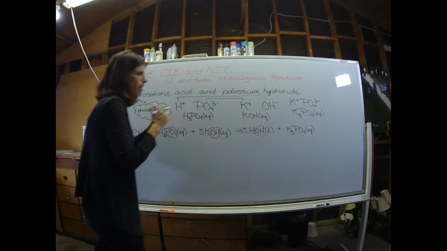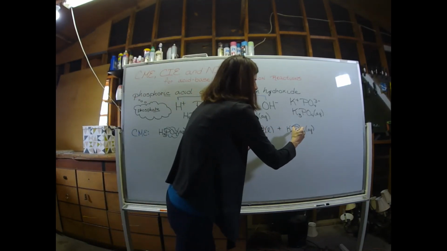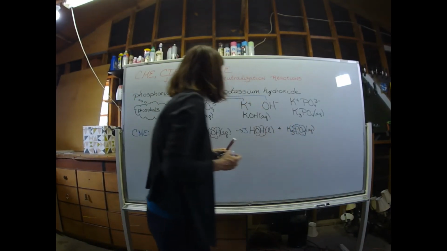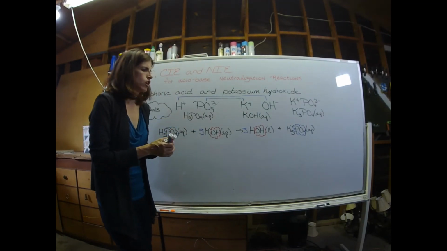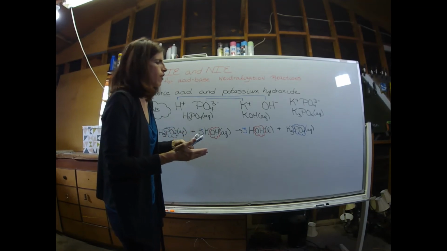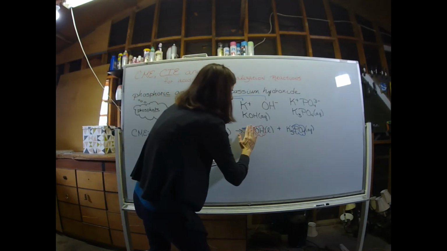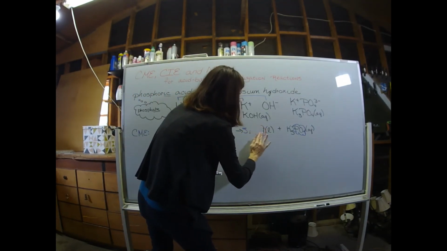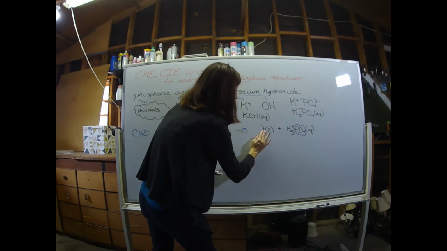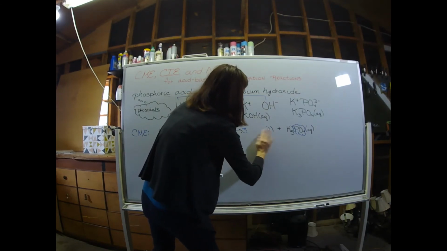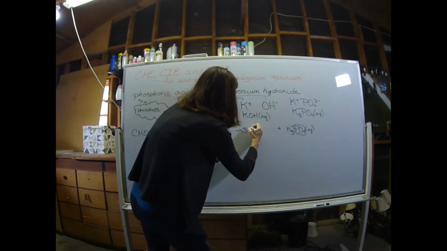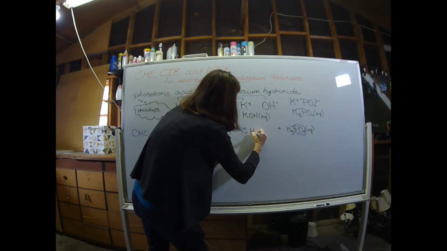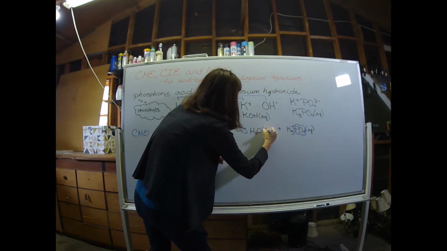Keep your polyatomics grouped together to make balancing a little bit easier. I'm okay with you keeping HOH because I know where it's coming from. However, when you do present an official answer, it should be written as H2O. So once you get it balanced, then change it to H2O.